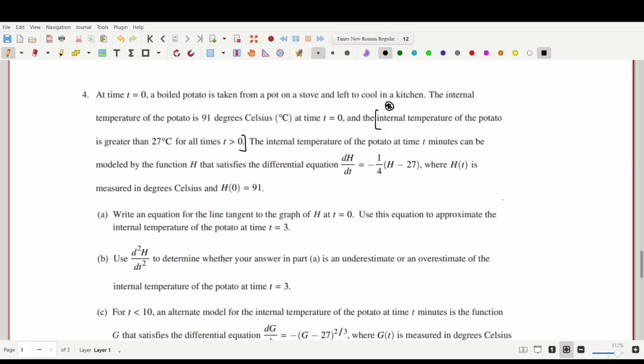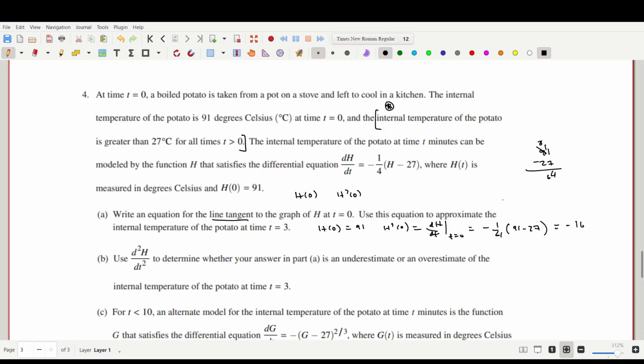Okay, write the equation for the tangent line. Line tangent, you just need to find h of 0 and h prime of 0. H of 0 is 91, it says so. H prime of 0, well, that's dH/dt when t is 0. And that's negative a quarter times h of 0, which is 91, minus 27. 64, negative quarter, that is 16.